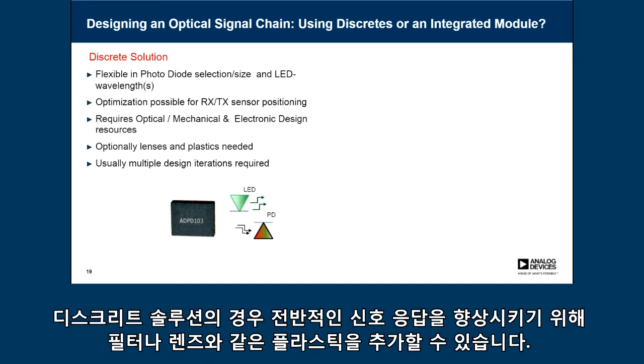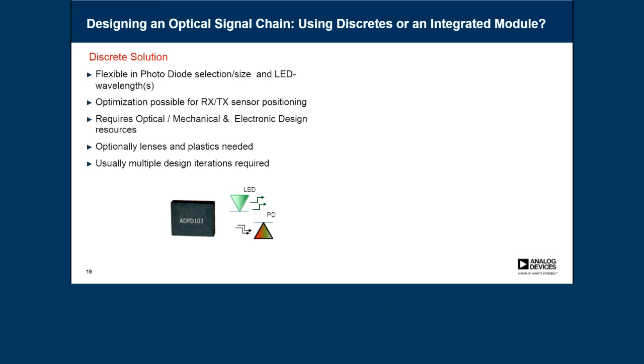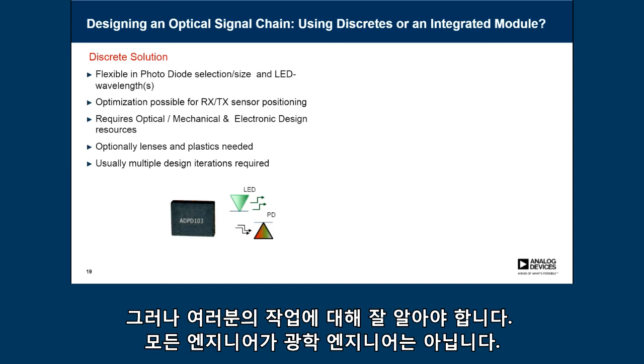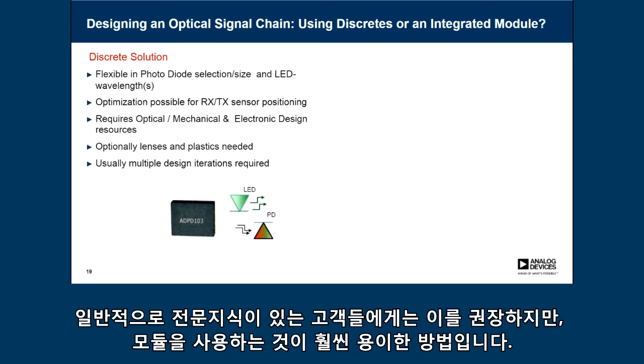Also, with a discrete solution, you could add additional plastics like filters or lenses to improve the overall signal response. But you really need to know what you are doing. Not every electronic engineer is an optical engineer. And usually we recommend that the customer looks into this if they have the knowledge, or otherwise it would be easier to move forward with a module.